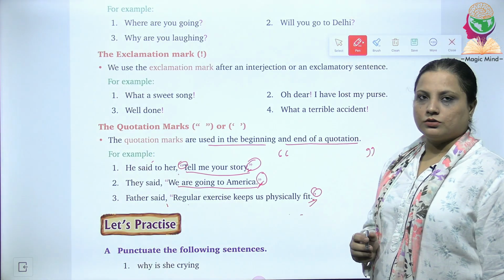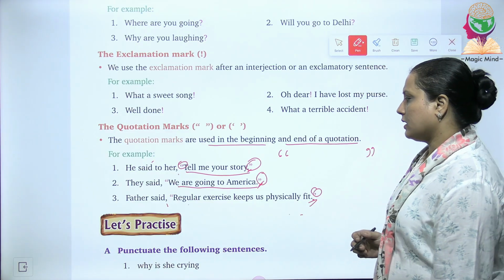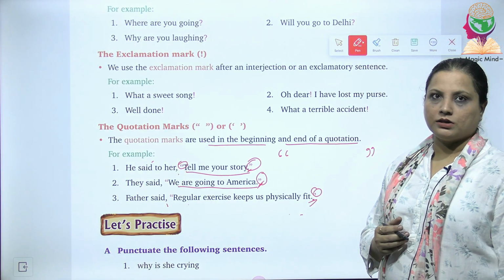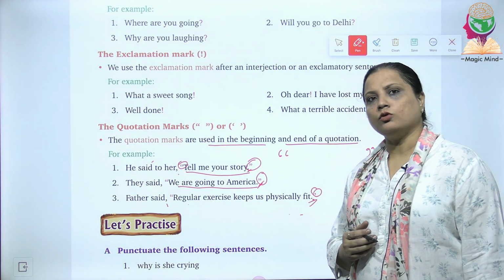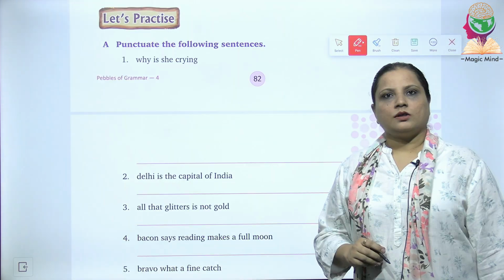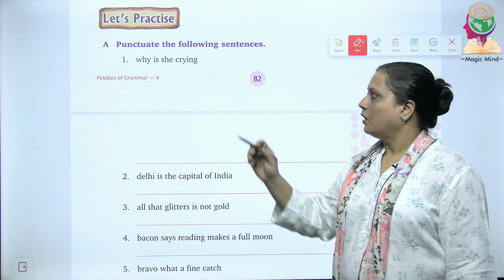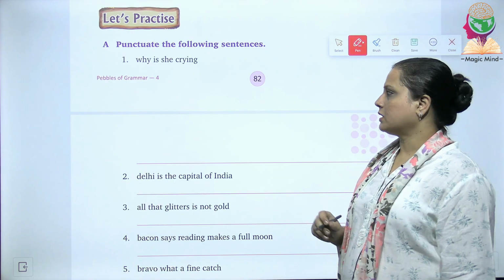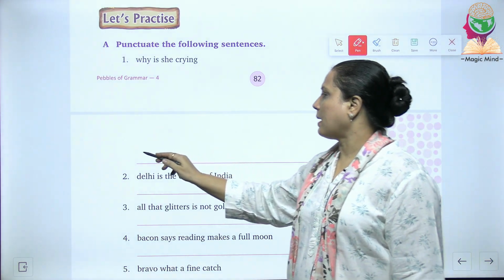The first question of the practice exercise states, punctuate the following sentences. So we have to read the sentences and then we have to punctuate. Let's begin with the first sentence. The first sentence is, why is she crying? In this sentence, we will begin with capitals.